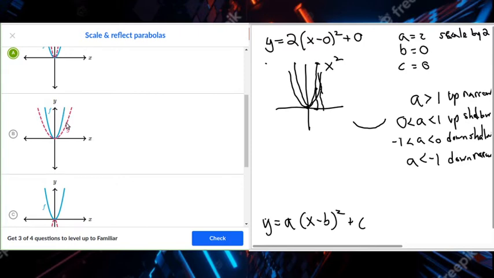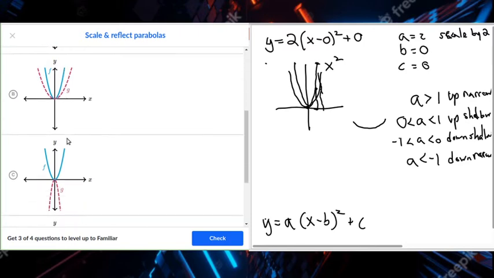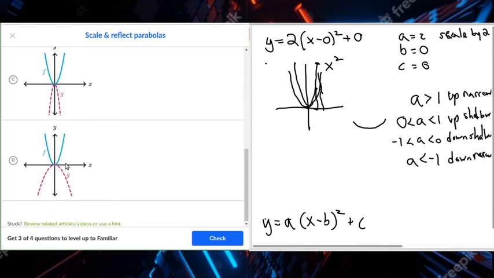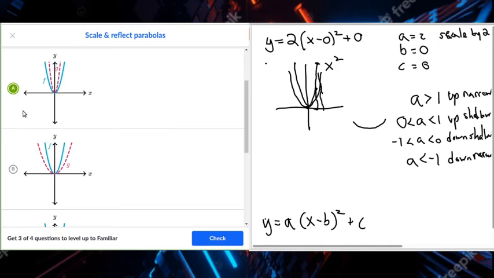This one is negative, and it's down. It's more narrow, so it's less than -1. And this one is shallower, so it's between 0 and -1. Well, we can see this is definitely our answer.